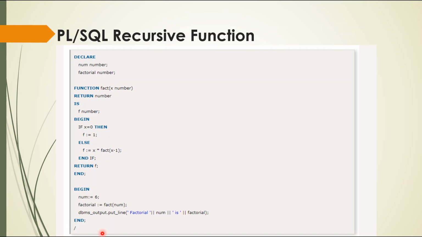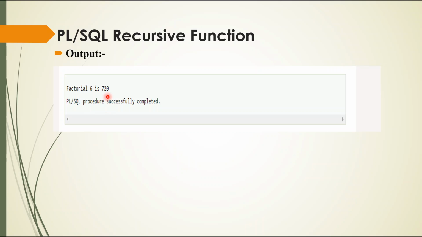Here is my calling function. Begin, number is equal to 6; this number 6 is passed over here. Factorial is equal to factorial of number. Then dbms underscore output dot put line, factorial of number is factorial, so the output for 6 is 720. This procedure is successfully completed.